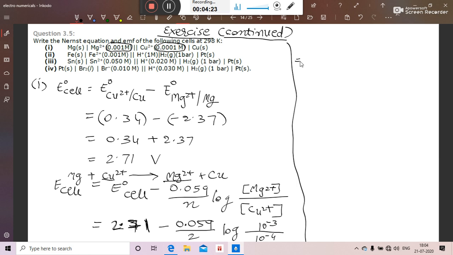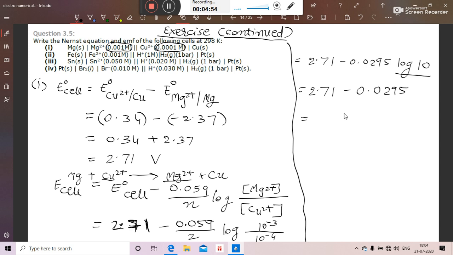So that is equal to 2.71 minus, now 0.059 upon 2 is 0.0295, log of 10 raised to minus 3 divided by 10 raised to minus 4. So it will become 10 raised to minus 3 plus 4, that is log 10. So that is equal to 2.71 minus 0.0295, and log 10 is 1, so it will remain 0.0295 only.